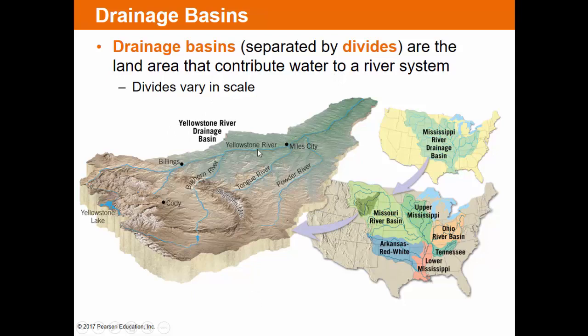So here's the Yellowstone River. All these different land areas contribute to the Yellowstone River. The high ground along it is the drainage divide. This whole big thing here, this little green triangle, all contributes to the Mississippi River drainage basin.